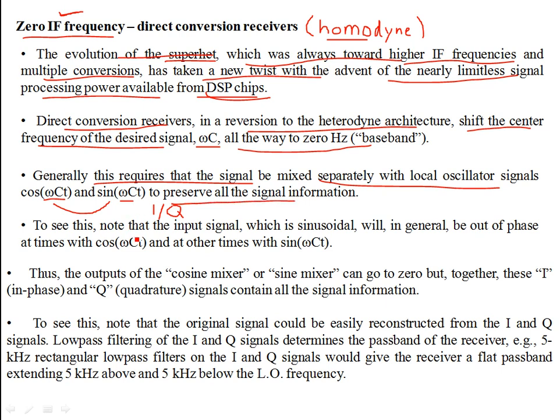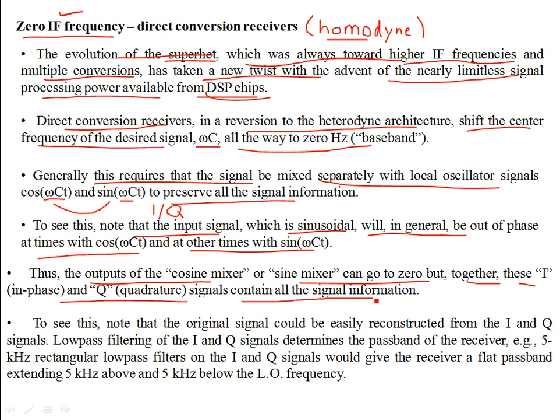To see this, note that the input signal, which could be a sinusoid or any general piece of spectrum, will in general be out of phase at times with cosine omega ct, and at other times with sine omega ct. So the outputs of the cosine mixer and sine mixer can go to 0, but together these I and Q, in phase and quadrature signals, contain the information.